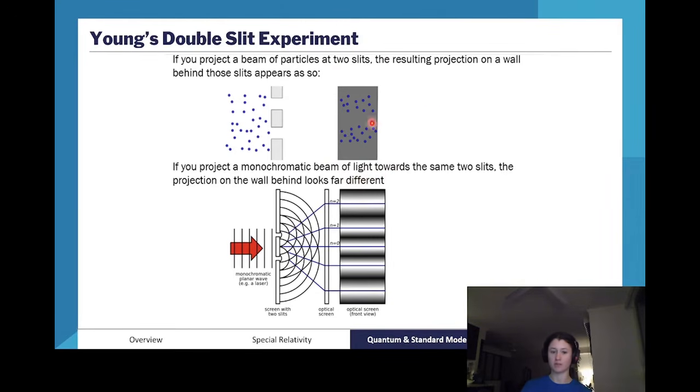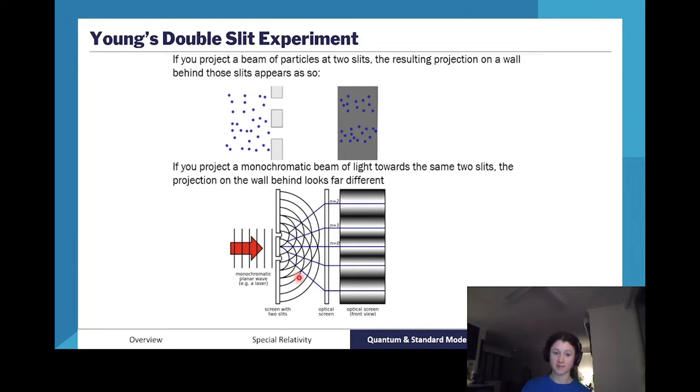You're just going to see big splatters behind the two slits, right? However, he observed something different. What he actually observed was a pattern, right? Where we had bigger splotches over here, getting smaller and smaller on either side.